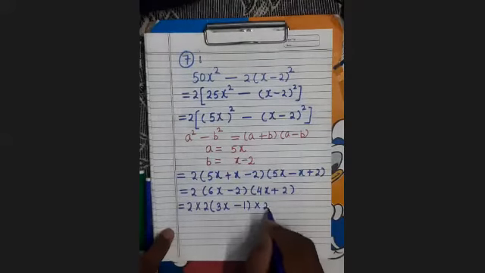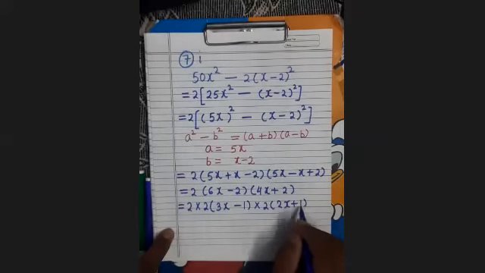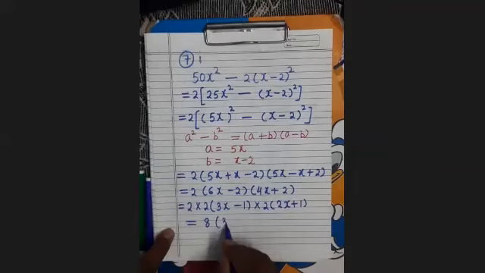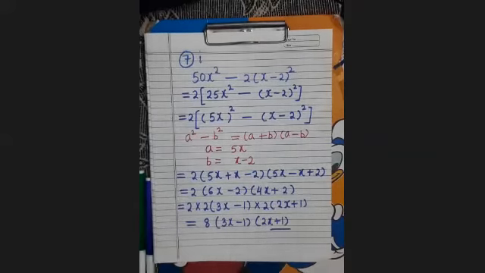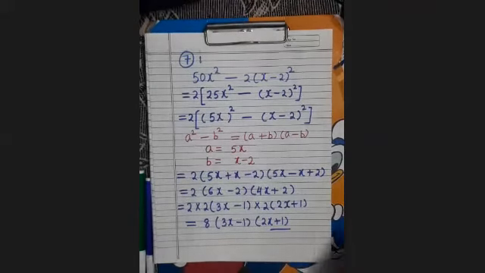When you take out 2 common from this bracket, 2x plus 1. So 2 2 जा 4, 2 4 जा 8, 8 into (3x minus 1)(2x plus 1). Have you understood? Yes, sir.